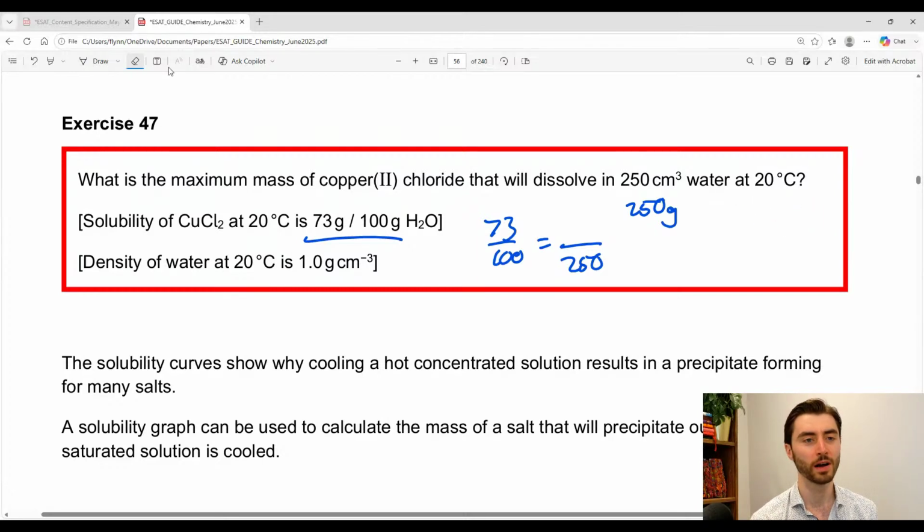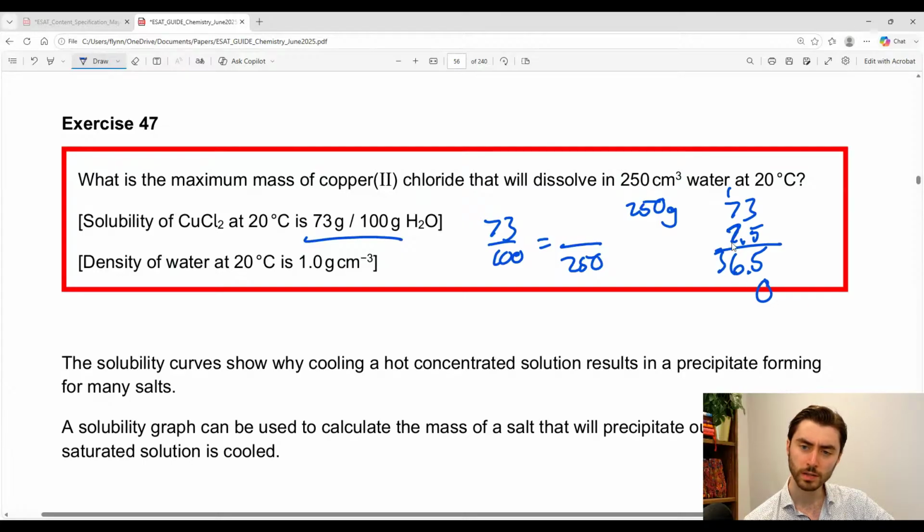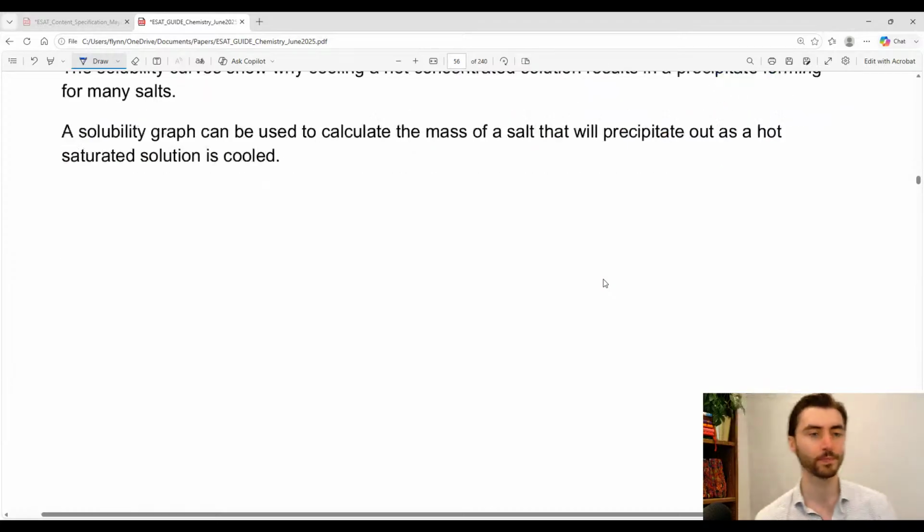No, I'm going to hold myself to a higher standard. I'm not going to demonstrate laziness. So 73, 2.5. That's a 2. 6 for 1. There we go. That is the mass that will dissolve in 250 centimeters cubed.